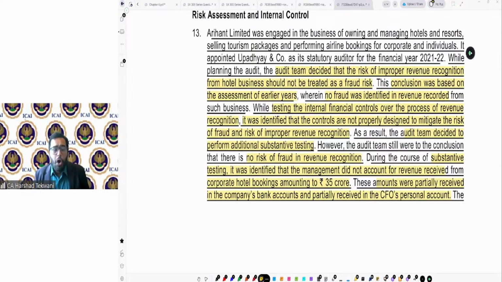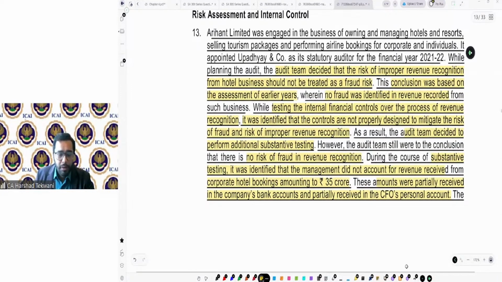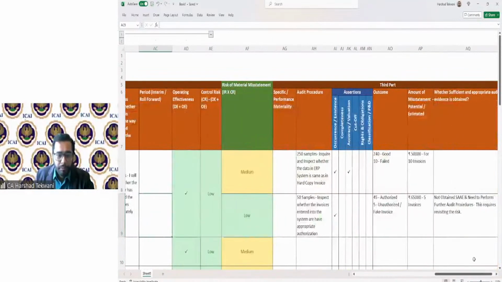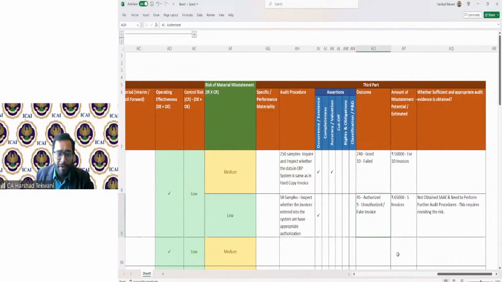Comment on the audit team's assessment of the risk of material misstatement from improper revenue recognition. And this is the same as what we discussed practically over here. I just took an example of the vendor: 5 unauthorized invoices. Earlier I was saying the risk is low, everything is fine. But in substantive testing, I got 5 unauthorized fake invoices.